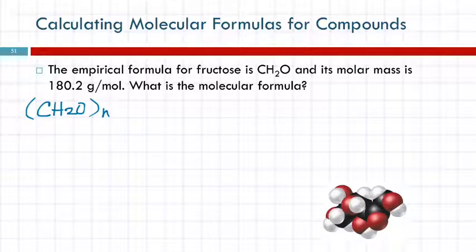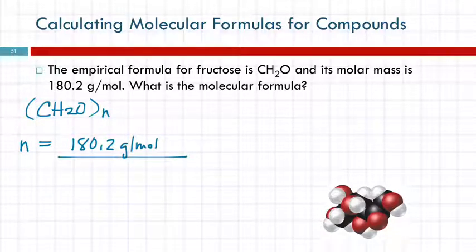So to find N, we're going to take the actual molar mass, which is given to us, 180.2 grams per mole, and we're going to divide it by the mass of the empirical formula, CH₂O.